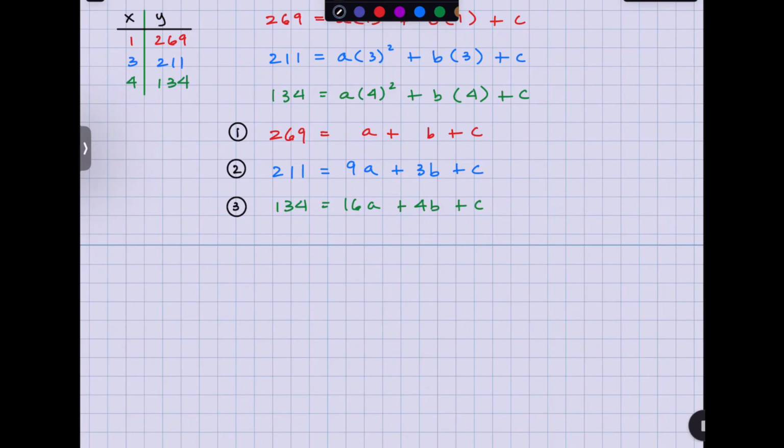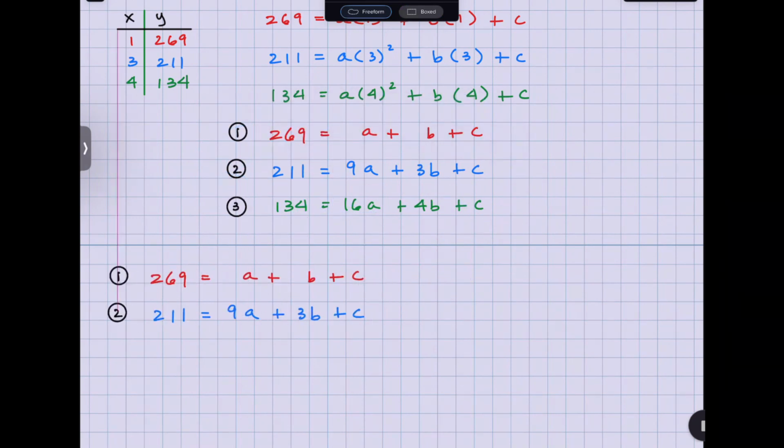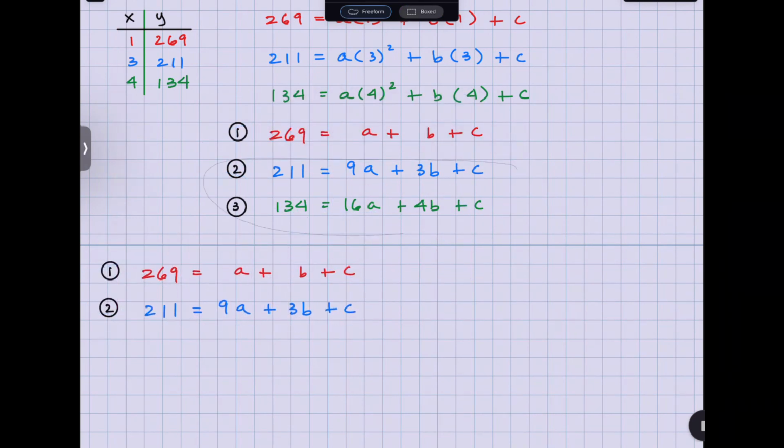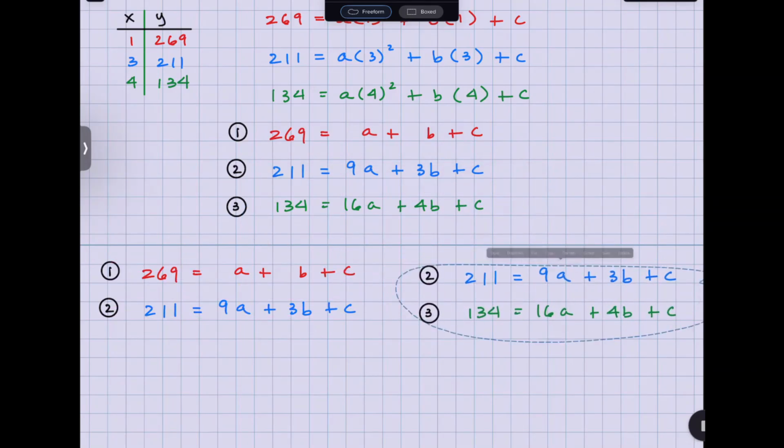In this case, the easiest variable to eliminate is c. So out of laziness, I'm going to go ahead and pick 1 and 2. And I'm going to go ahead and pick 2 and 3. And I'm going to eliminate c on both of these.